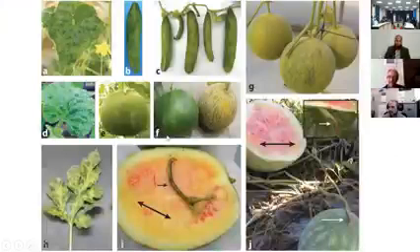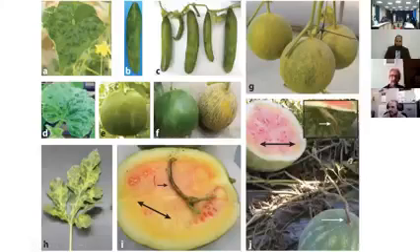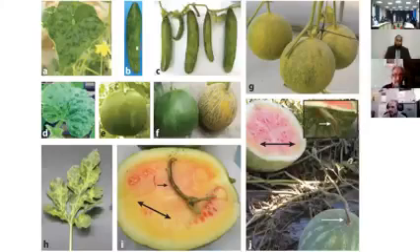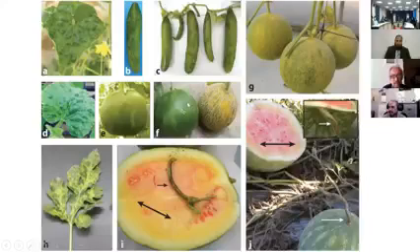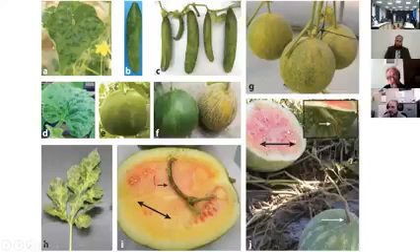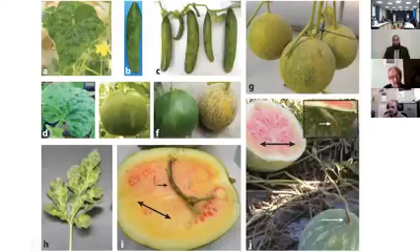And here you can see CGMMV symptoms in different cucumber plants. You can see here mosaic in the fruits, mosaic in the melon, and CGMMV is almost a disaster in watermelon. You can see the plants, they produce almost normally, but the fruit is not for commercial use.